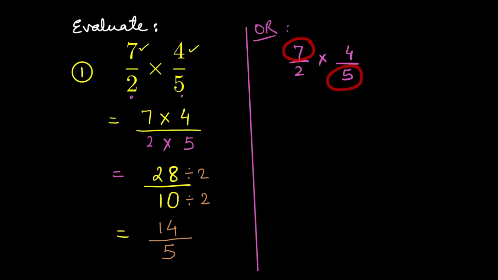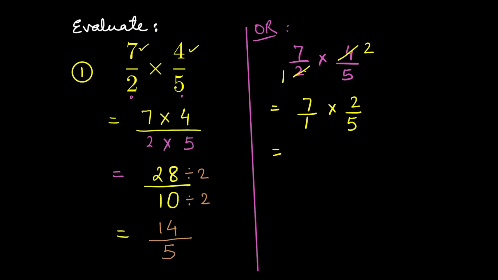No. But can 4 be reduced with 2? Yes, so we can reduce it. Here we can write 2 divided by 2, so 2 becomes 1, and 4 divided by 2 is 2. So we get 7 over 1 times 2 over 5.